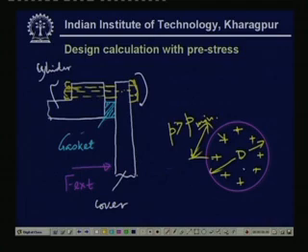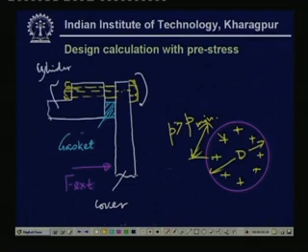Now once you use that, F external is applied as pressure on this cover plate. So each bolt will take an equal amount of external load. Let us consider that one particular bolt takes this load F external, although F external is actually the load taken by the entire cover.